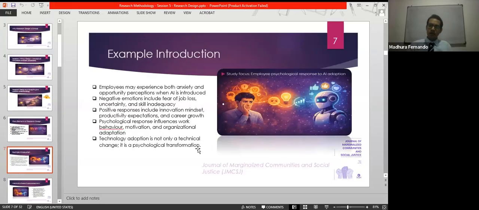Yeah. Now I'm going to put forward a certain example, just to provoke your imaginations, right? So when you see this, you can understand. The title goes as the employee psychological response to AI adoption. Now you can see the employee here, right? He's keeping his hand like this and wondering about something.